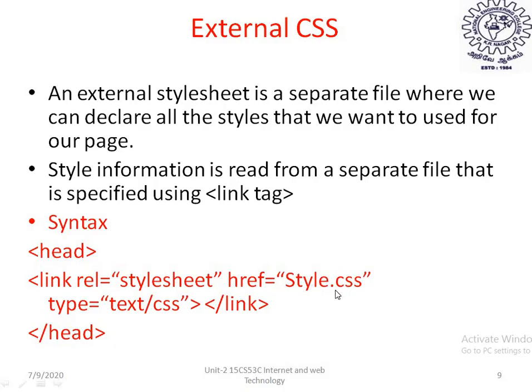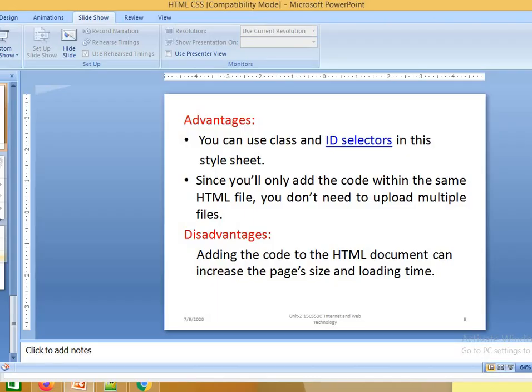So the separate file style.css is referred to here. Whenever you are running an external CSS file, the style.css file gets loaded and all the style information is applied to the body of the file. Let us discuss with an example.